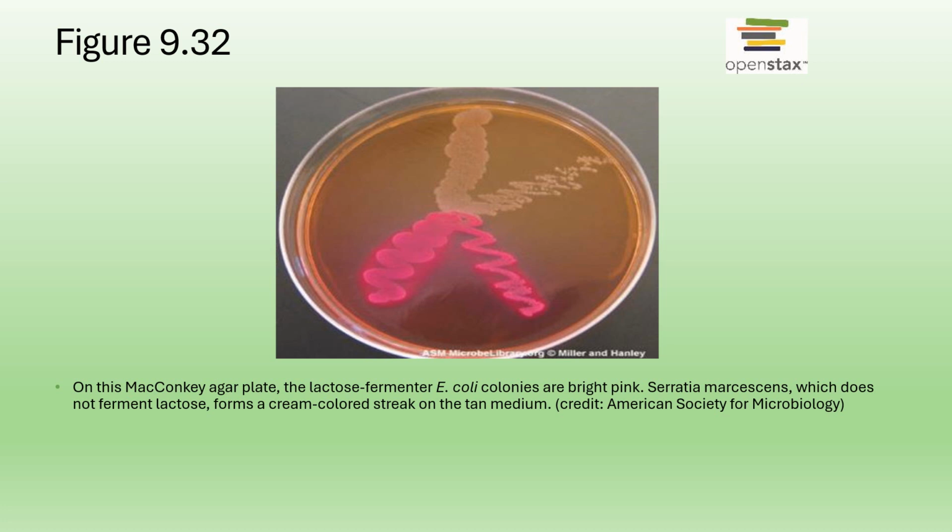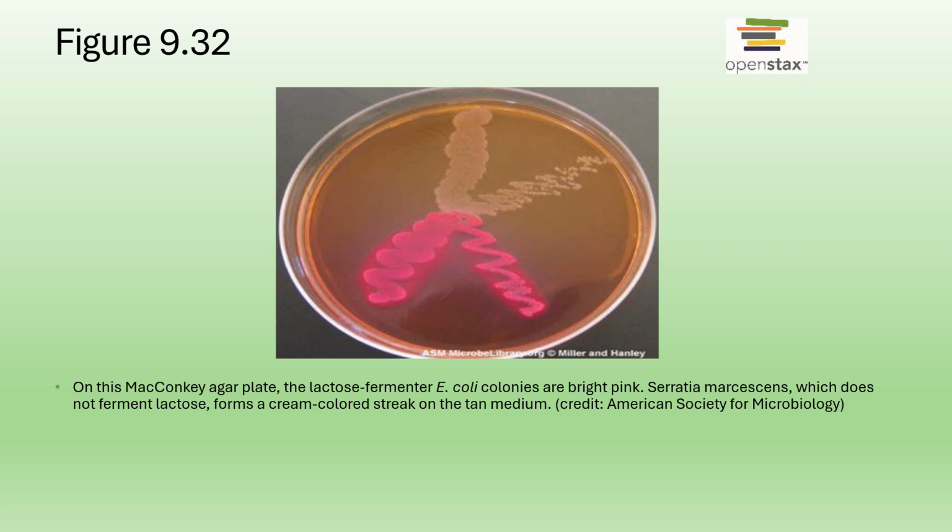So only your gram-negatives will grow on it. It is differential because if a particular bacteria, and it has to be gram-negative because that's the only thing that grows on it, is able to ferment lactose, it will turn a bright fuchsia or bright pink color.